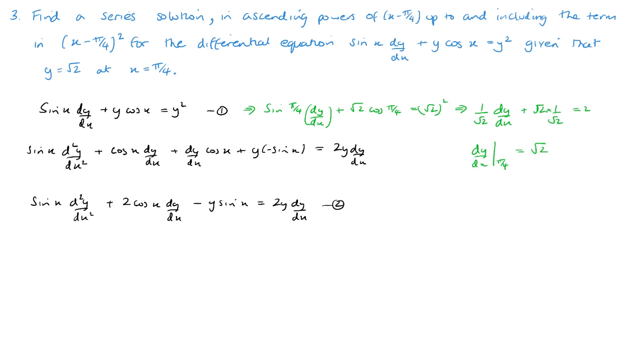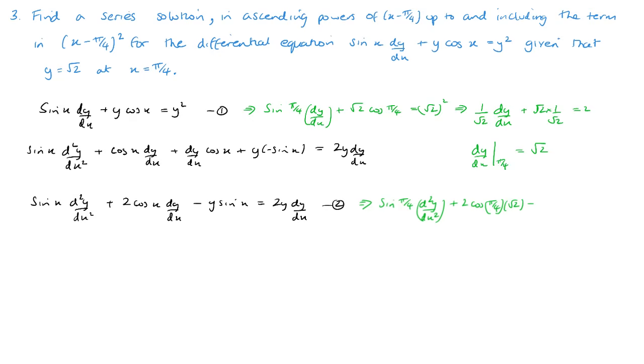Now let's go ahead and write out the second one. So sine of pi by 4 d2y by dx squared plus 2 cos pi by 4 dy by dx, which is root 2, minus y.